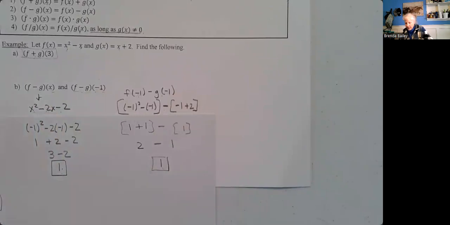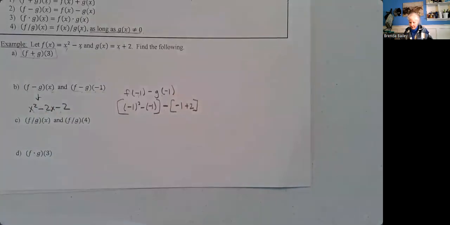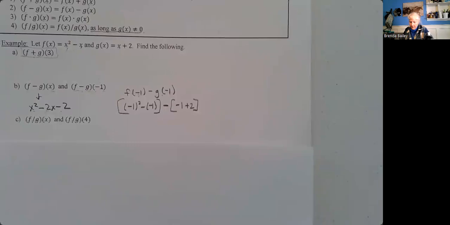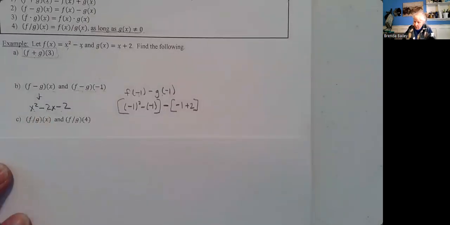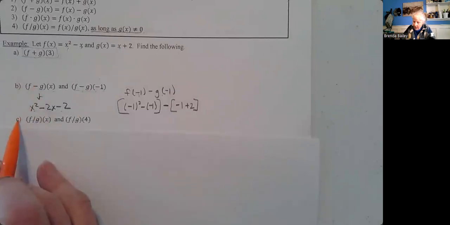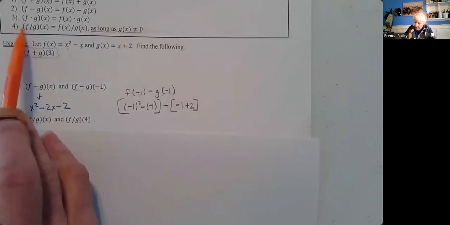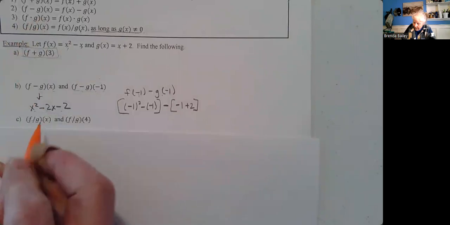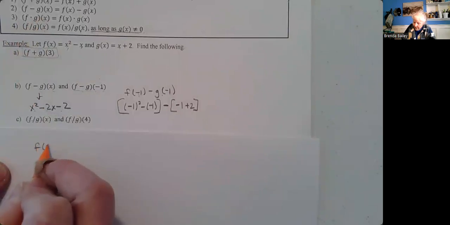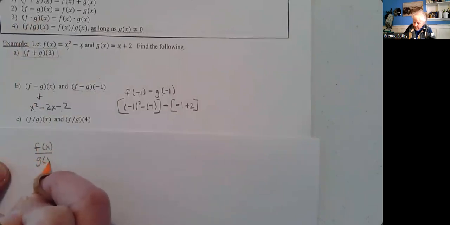All righty, let's look at a division one. We're on number C, which coincides to 4. We're going to take f of x and divide that by g of x.